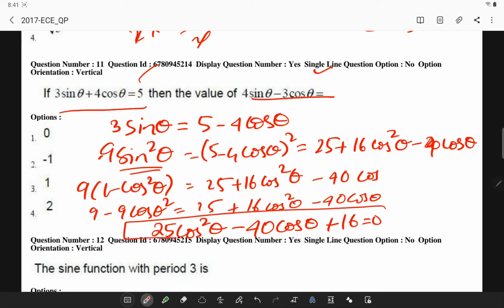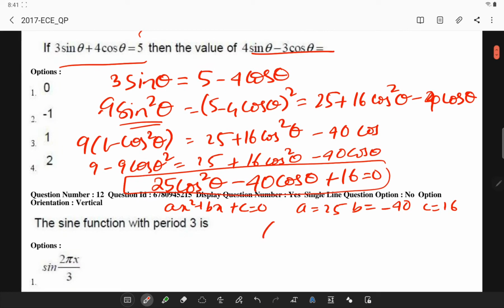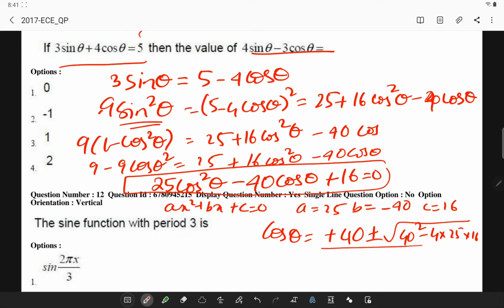So this is a quadratic equation in form of ax square plus bx plus c is equal to 0, where a is equal to 25, b is equal to minus 40, c is equal to 16. So simply if I rearrange the terms, cos theta will be plus 40 plus or minus root over b square, 40 square minus 4 into a, 25 into c, 16, divided by 2 into a is 25.